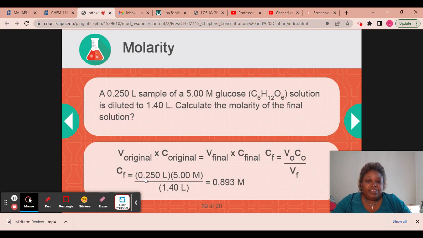We're going to plug in the original volume, 0.250 liters, the original concentration, 5.00 molar, and divide it by the final volume, 1.40 liters. All of these numbers have three significant figures, so our final answer will have three significant figures as well, 0.893 molar. And so that is an example of a dilution problem.